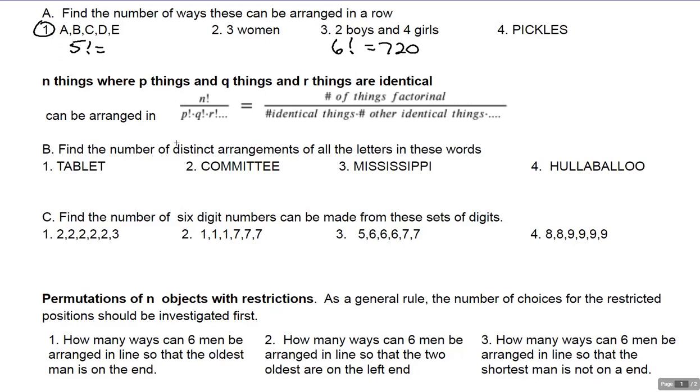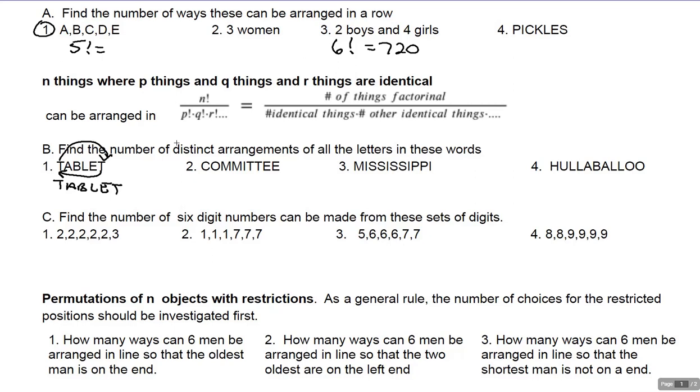However, if I take this T and put it over here, and I take this other T and put it over here, do you see how it still spells tablet?